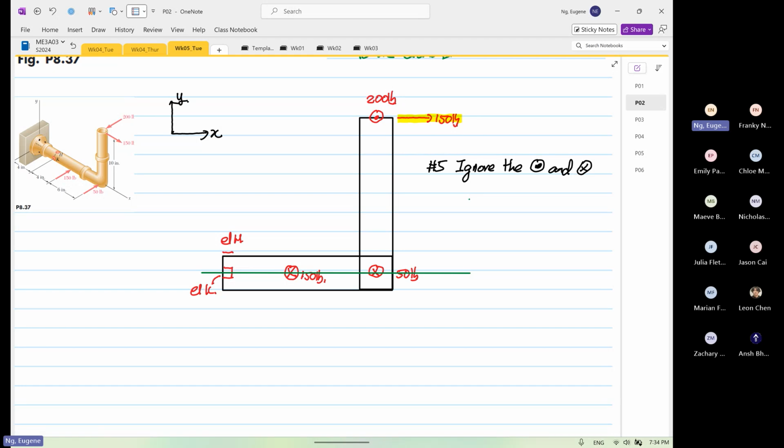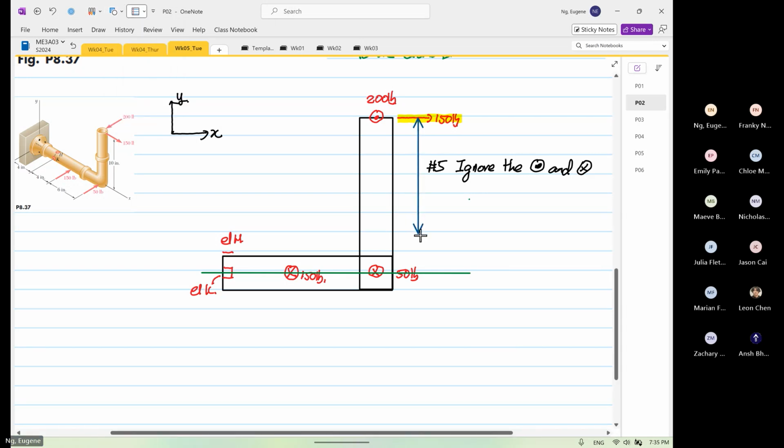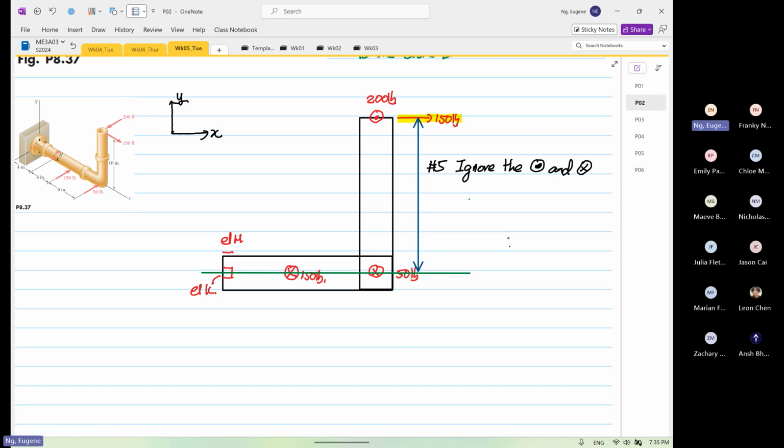So the first thing that we realize is that the 150 has a perpendicular distance, right? Indeed we have a perpendicular distance over here, right? And this distance is 10 inch, right?